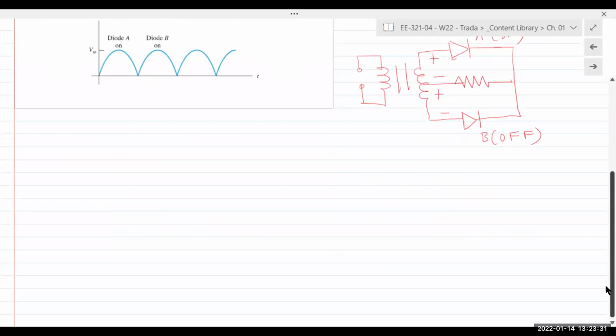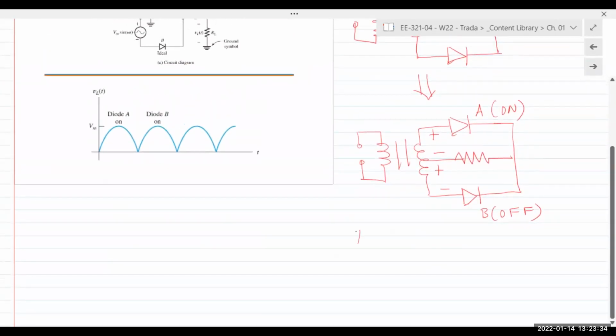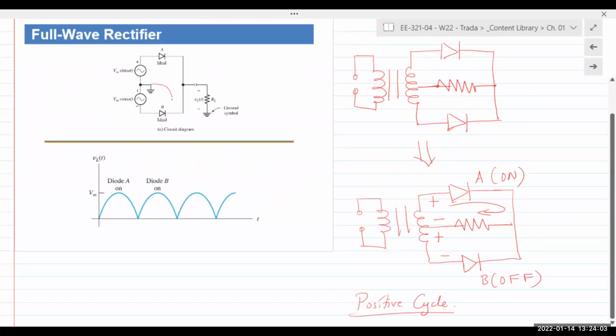So in the positive cycle, diode A is on, and the current goes through diode A and through the load resistor from right to left, thus completing your circuit. By the way, this load connection is the exact same as this one in the diagram. When you show ground here, it shows that the resistor is connected right there.